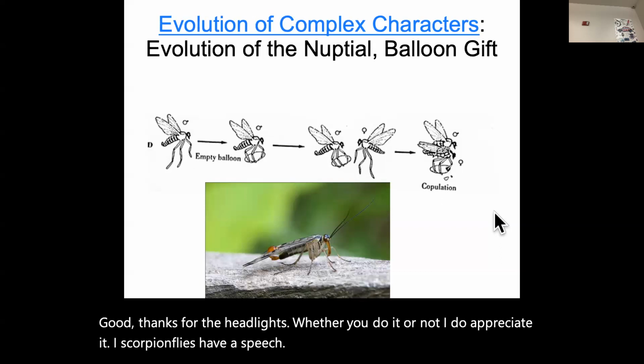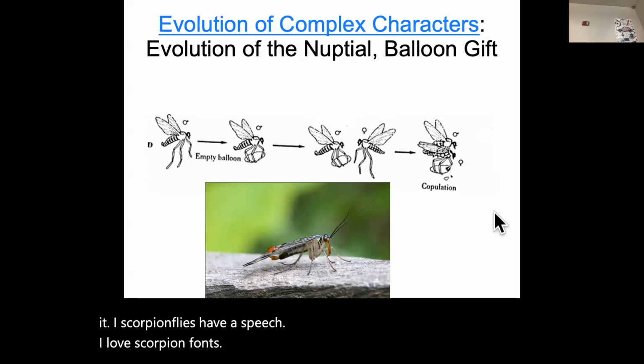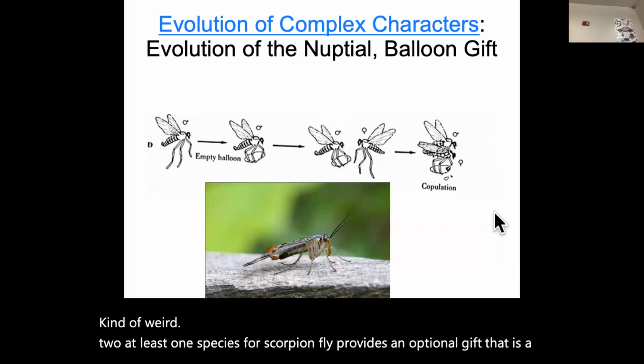I love scorpion flies. First, the scorpion tail is their genitalia. It's not a stinger, which is kind of weird. Two, at least one species of scorpion fly provides a nuptial gift that is a balloon.